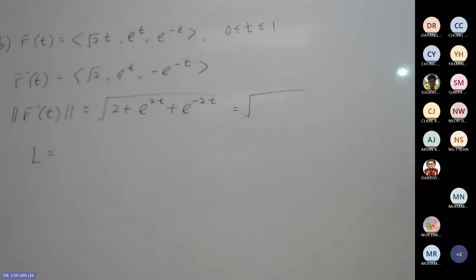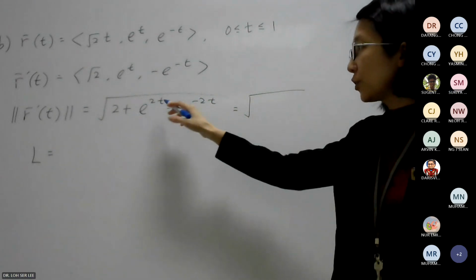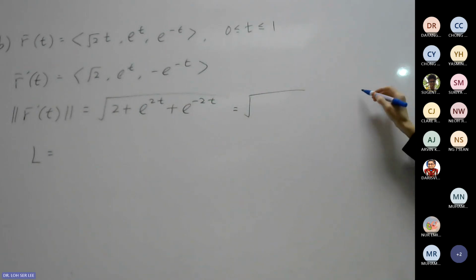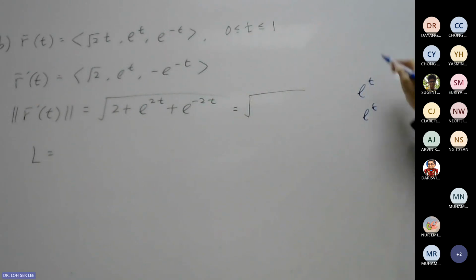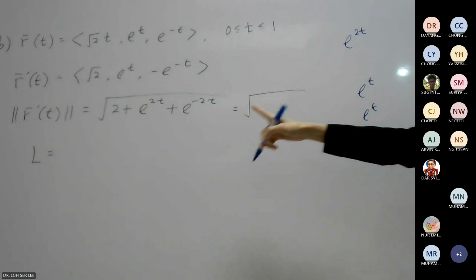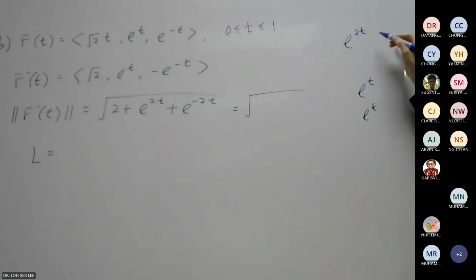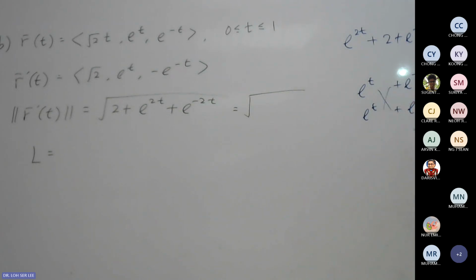Okay, factorization. e^(2t) is e^t times e^t. You get e^(2t). e^(-2t) is e^(-t) times e^(-t). Plus, either plus plus or minus minus, but because this is plus, so this is plus.